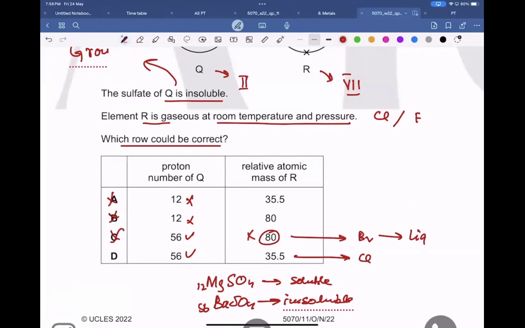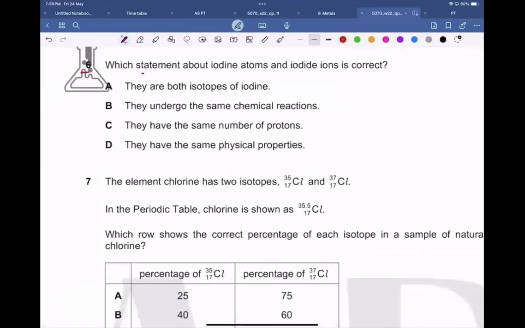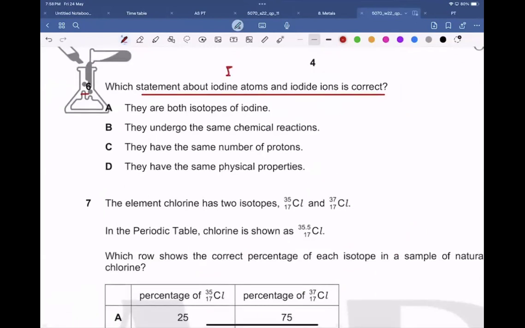Okay. Now question number 6. Which statement about iodine atoms and iodide ions are correct? Iodine atom and iodide ion both are isotopes? No, not at all. They undergo the same chemical reactions.